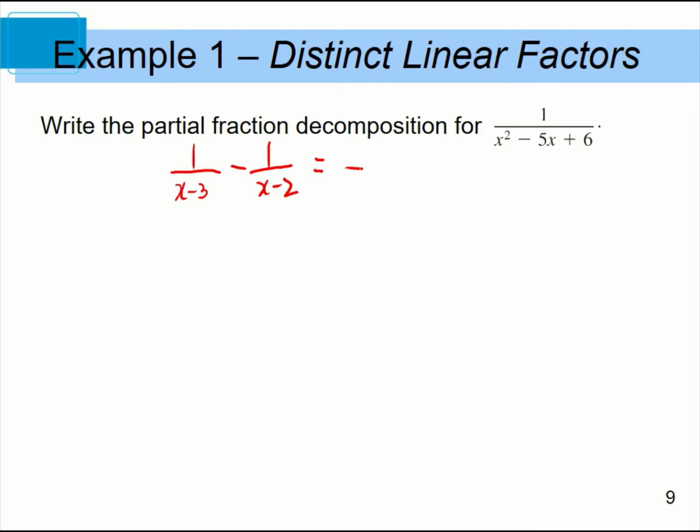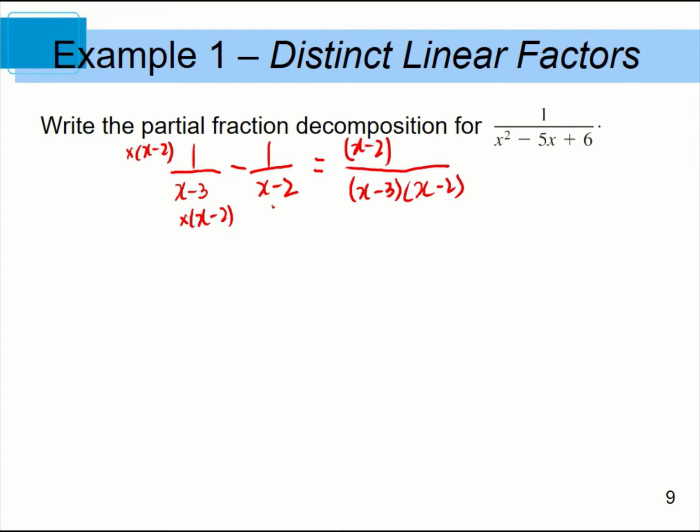First, we are going to form the common denominator by multiplying these two. For the first one, we multiply by x minus 2, top and bottom, so we have x minus 2 here.